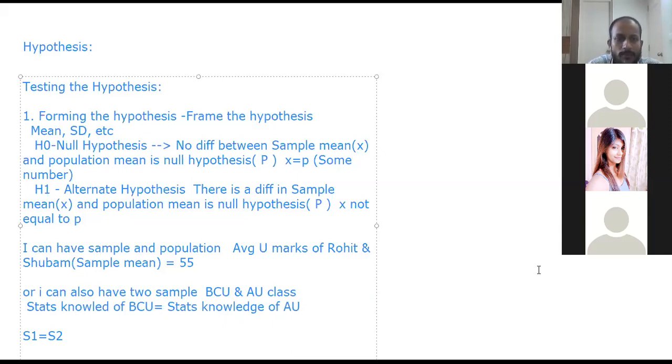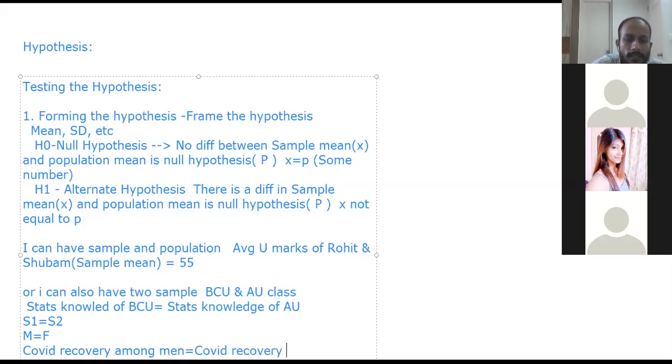Similarly, I am using the term S1, as they normally use it: M is equal to F. COVID recovery among men is equal to COVID recovery among women.